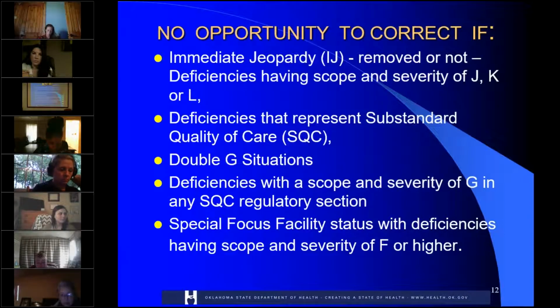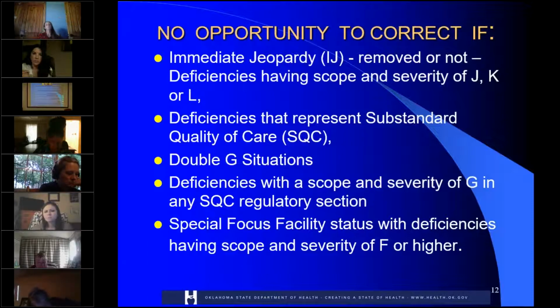The deficiencies that are cited at J, K, and L will be attached to a CMP, a civil money penalty, and they will also affect a quicker DPNA date.